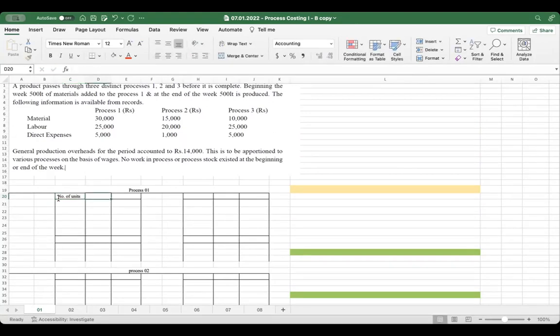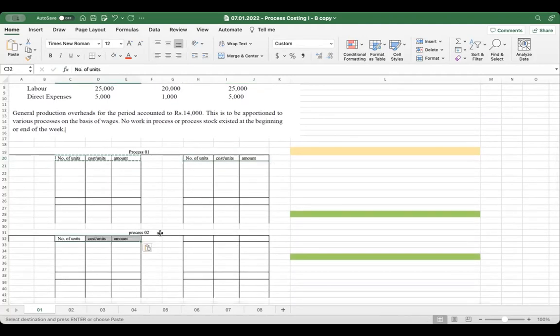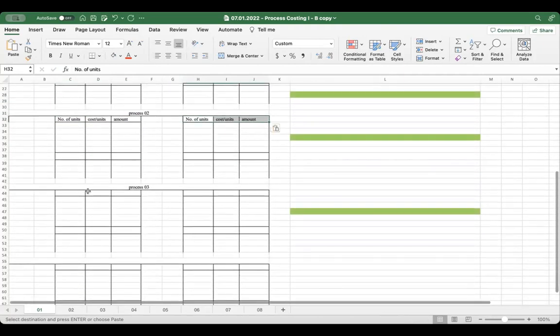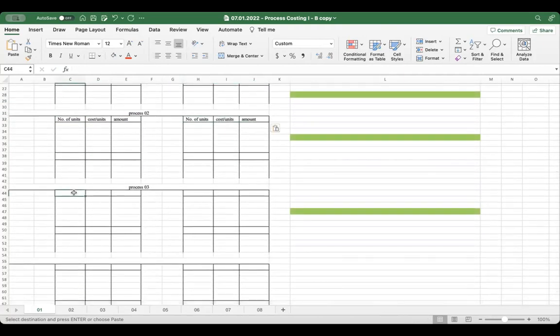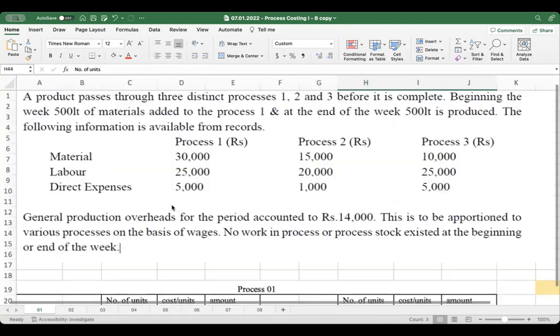Then cost divided by number of units, which means per unit price, and the amount. Okay, so these things will be our topics. Right. Now let's do the question.